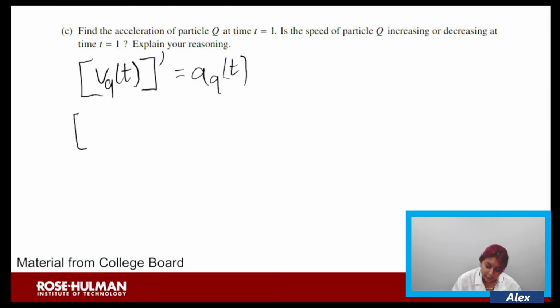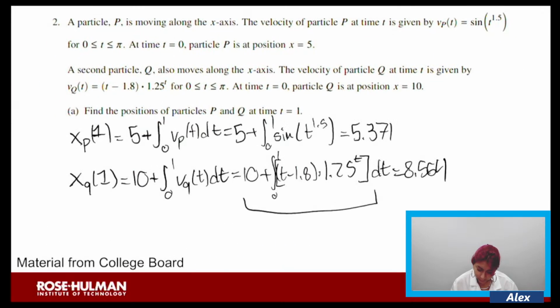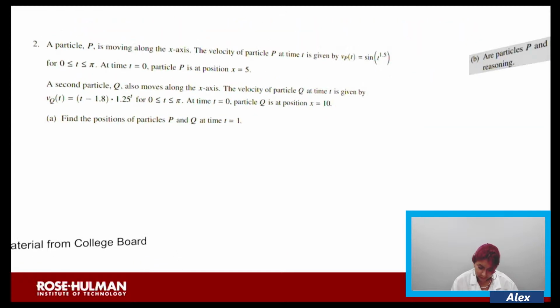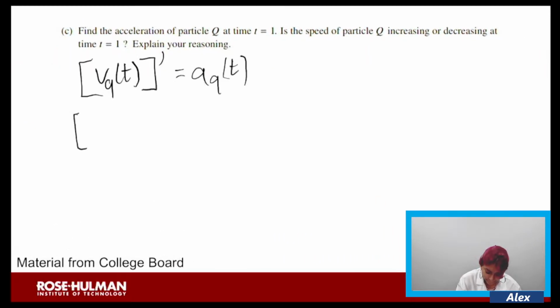So our equation for Q is t minus 1.8 times 1.25 to the t. So t minus 1.8 times 1.25 to the t squared.